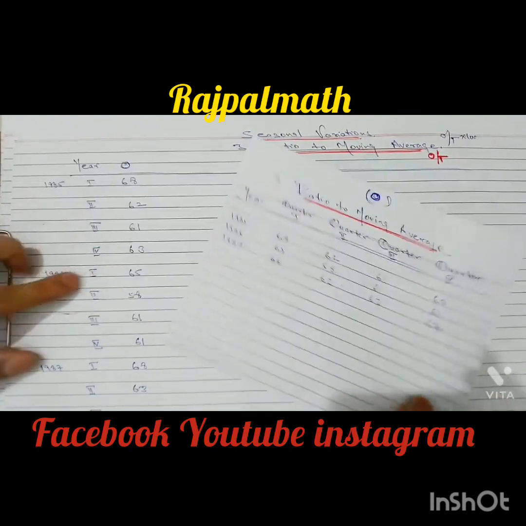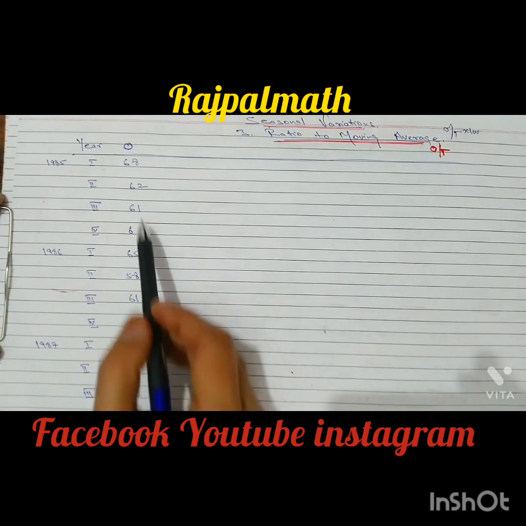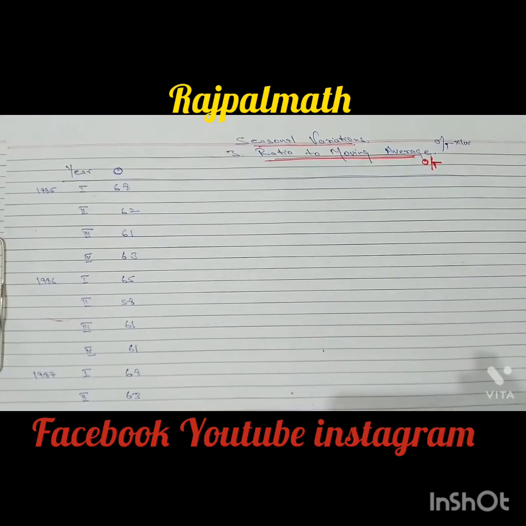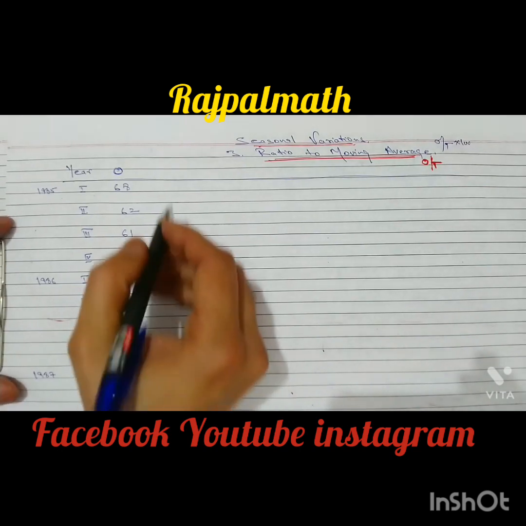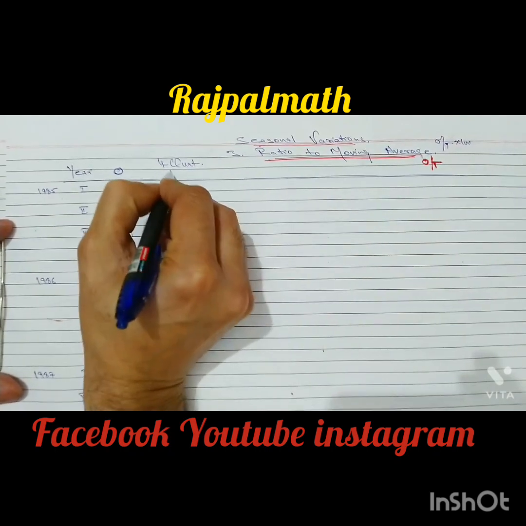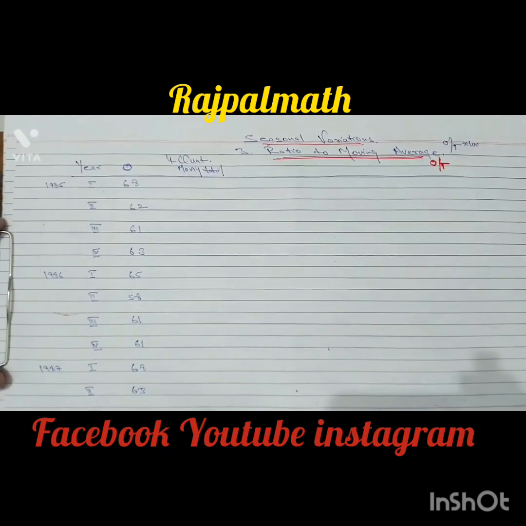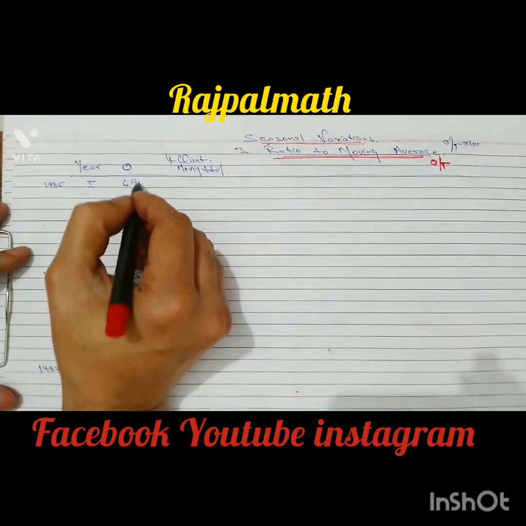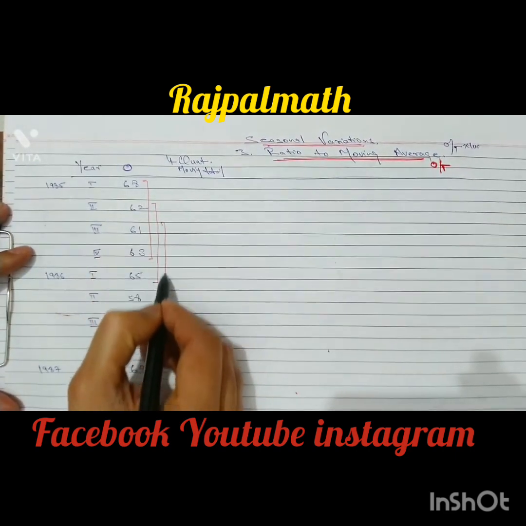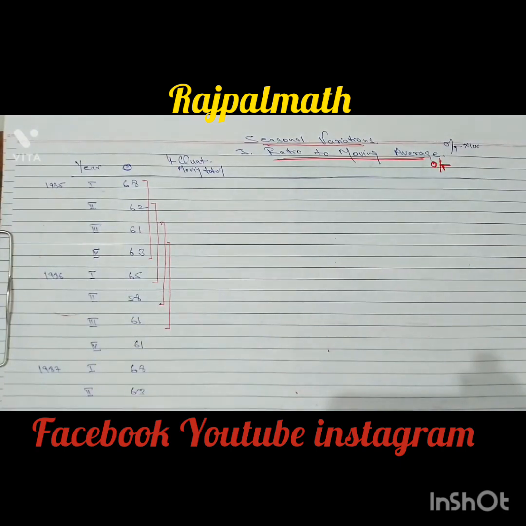Now we have column wise data of each quarter for 1985, 86 and 87. Now find the 4 quarterly moving total. It means total of the first 4, skip 1, total of the next 4, skip 1, and so on.